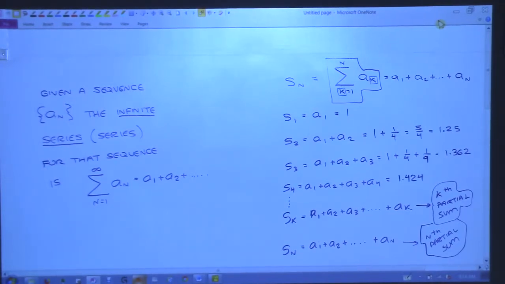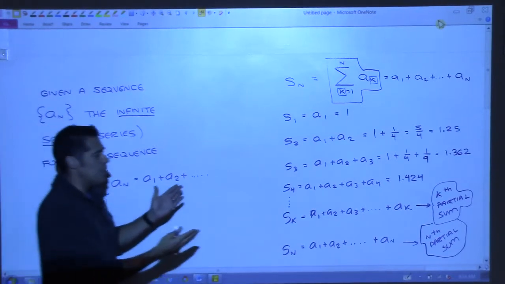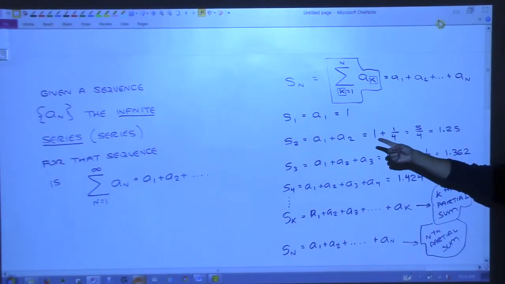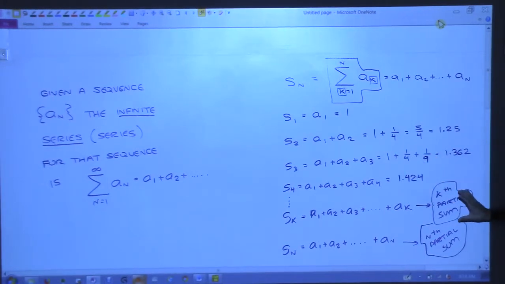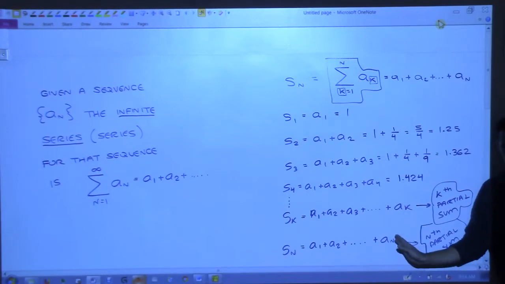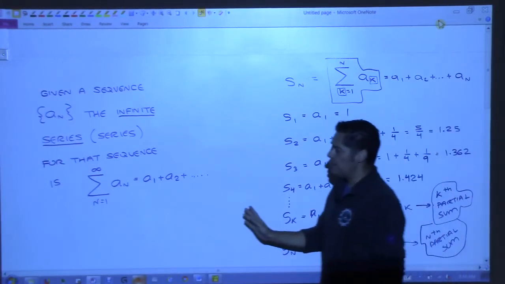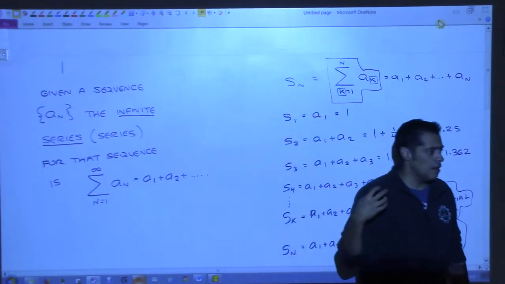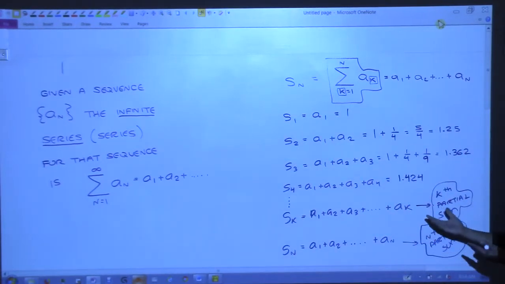All right. So there's a difference between this and that, isn't there? This is a partial sum. Do you see why they call it a partial sum now? Because you're stopping somewhere, aren't you? But with an infinite series, you're actually adding these up forever. And our question is whether or not that actually goes to something, right?